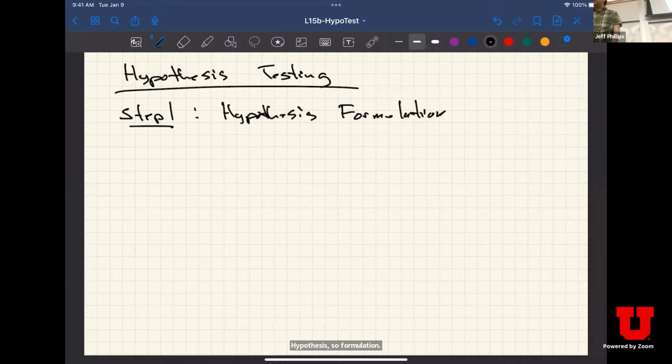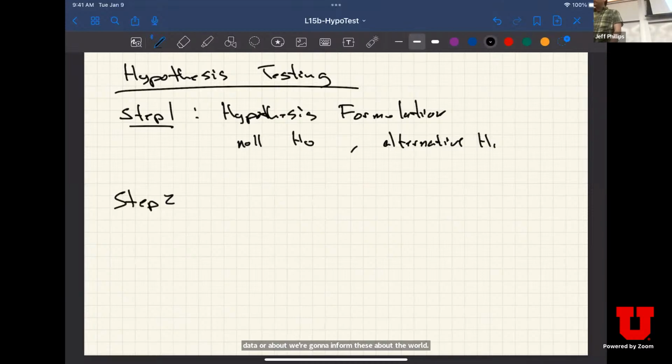That is the null H0 and the alternative H1 hypotheses. We need to form these about the data, or rather, we're going to inform these about the world.